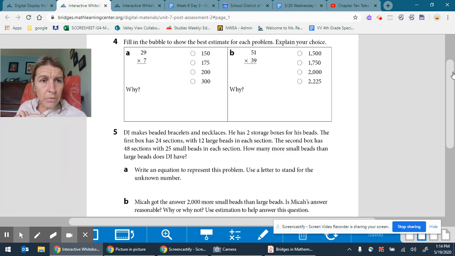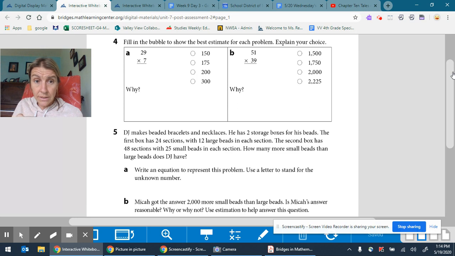Before you do that, I want to read number 5. Number 5 is a story problem. It says DJ makes beaded bracelets and necklaces. He has 2 storage boxes for his beads. The first box has 24 sections with 12 large beads in each section.